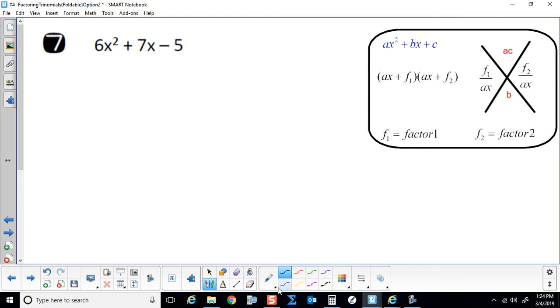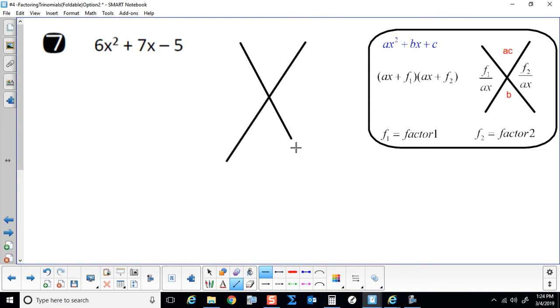All right, number 7 here. Start with an x. Take a times c. 6 times a negative 5 is a negative 30. B is 7. What are the factors of negative 30 that add to 7?